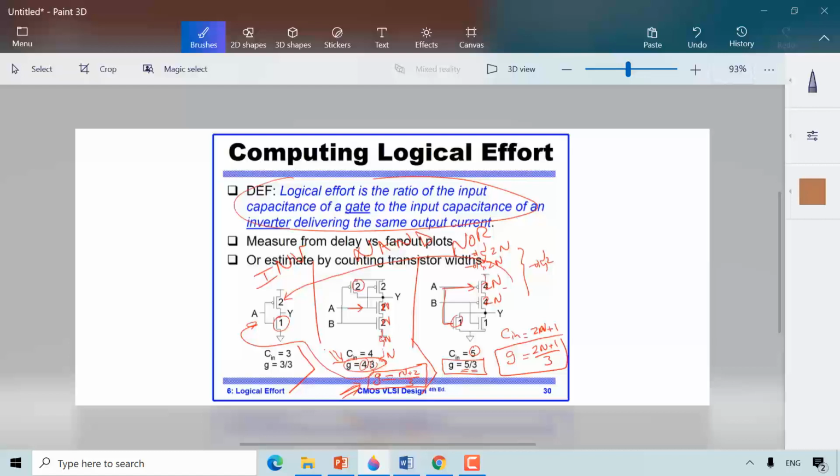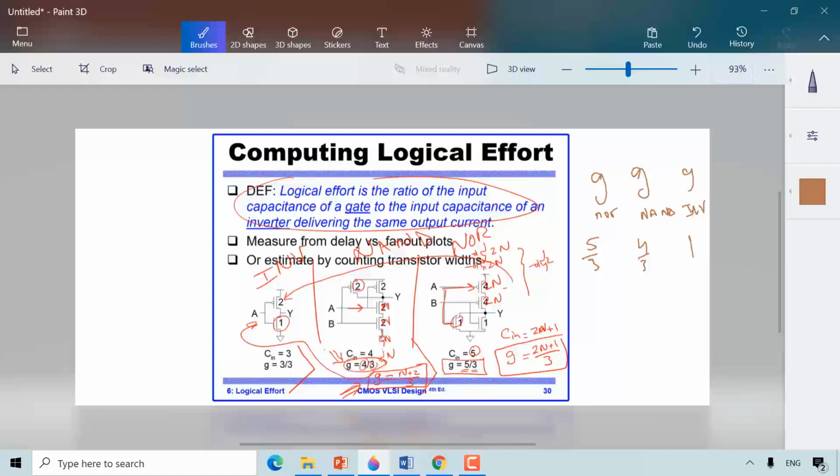But in terms of numerical value, we know that G for NOR gate for two input is 5/3, and G for NAND gate is 4/3, and G for the inverter is 1.